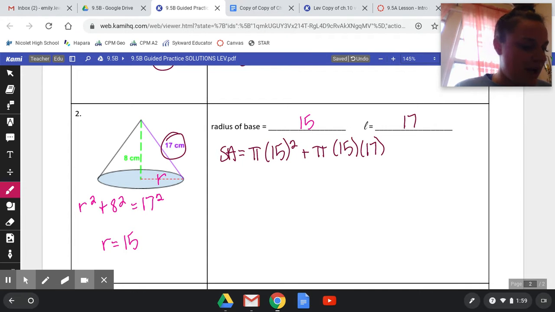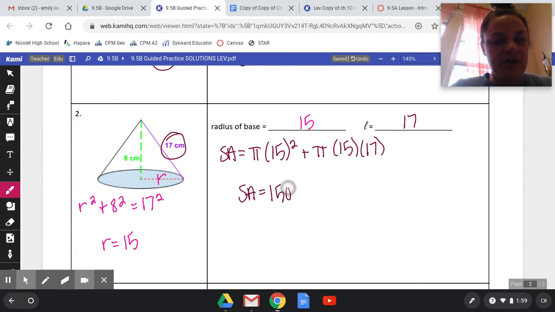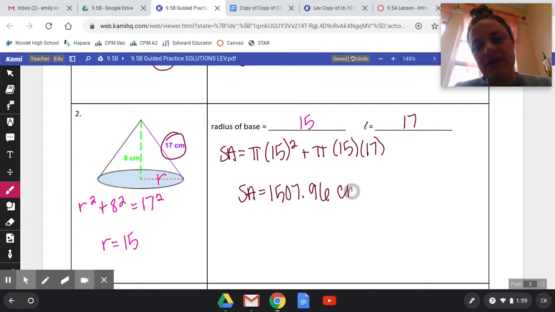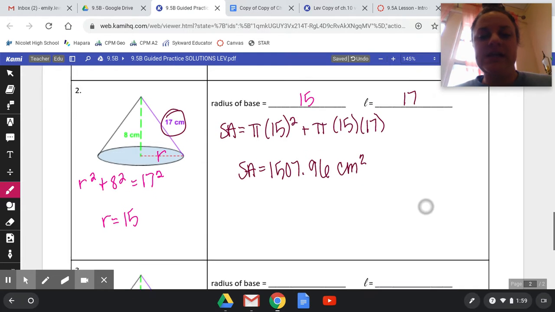Pi times 15 squared plus pi times 15 times 17. I got for my surface area 1,507.96 square centimeters. If you got something different in your calculator, you should go back and check how you entered it in. Or if you found a mistake of mine, email me, please.